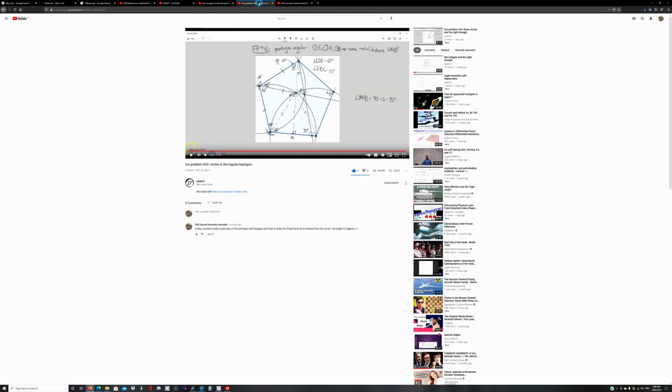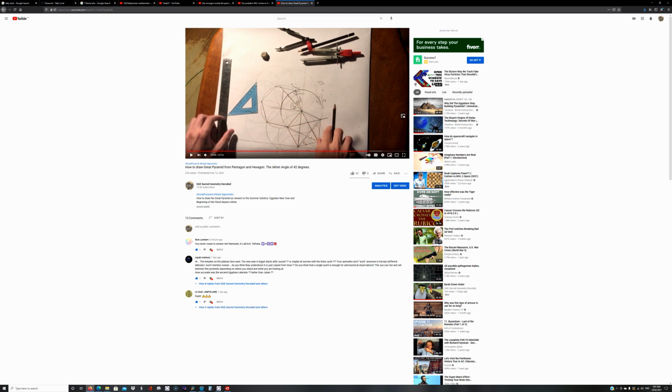But I was just reviewing his videos, and this one, Fun Problem 42, circles in a regular heptagon. Anyway, before we go there, this is a pentagon, of course. And with this design, what he found was 42 degrees. I used a pentagon and a hexagon, and then had to do a few lines and draw it out to get the 42 degrees.